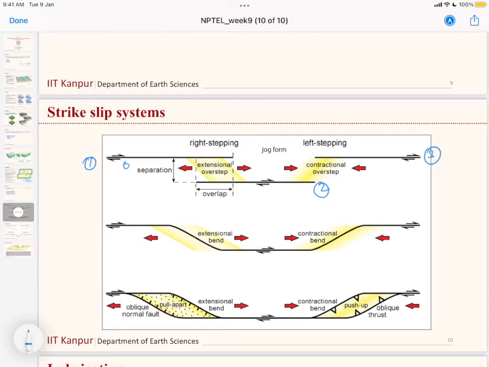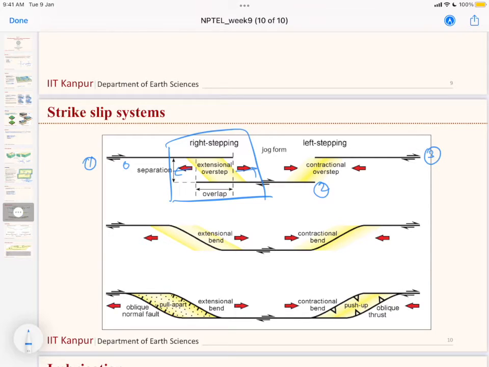So if we see first this portion, here what is happening: the lower block of the first fault system is moving in the left hand direction, correct, and the upper block of this second fault system is moving in the right hand direction.